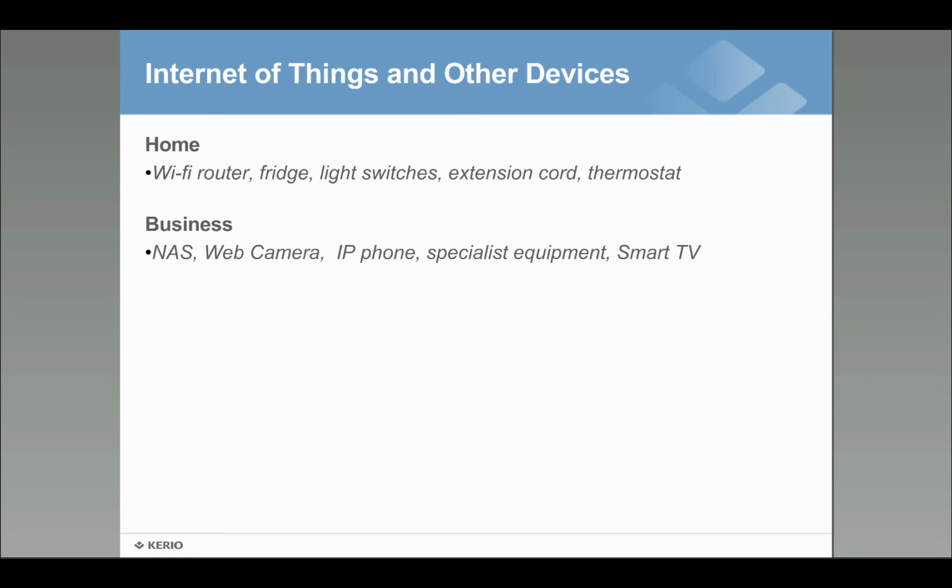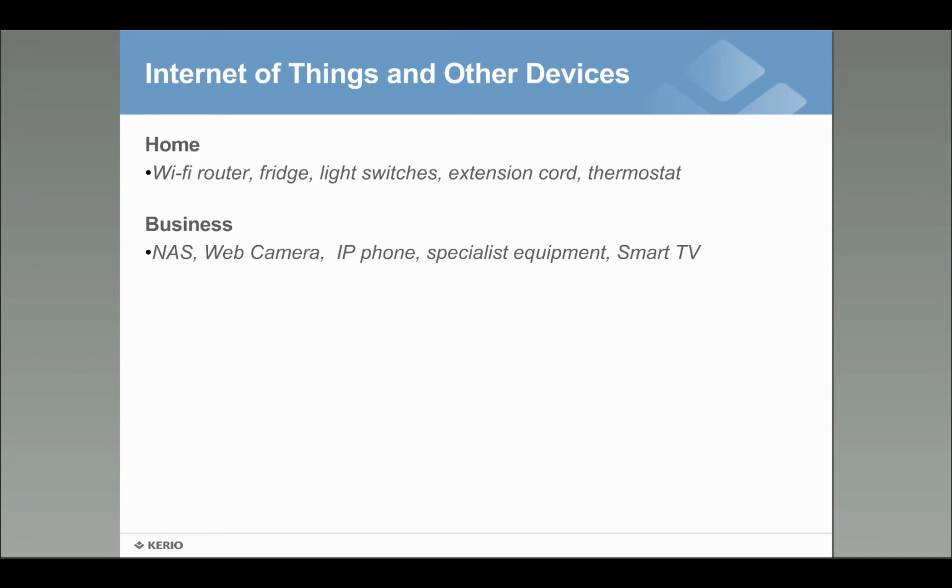So let's have a look at the Internet of Things. When you are at home, you have a router, a fridge, and many devices. They are networked. In business terms, it means you have an IP address on a smart TV in your hall, presenting the latest company figures, specialist equipment, and so on.